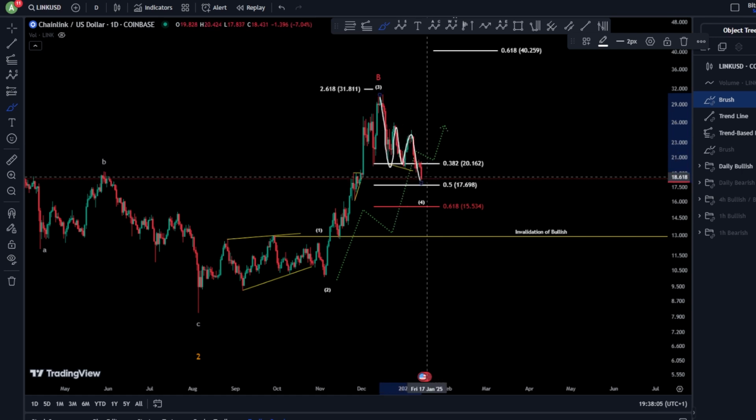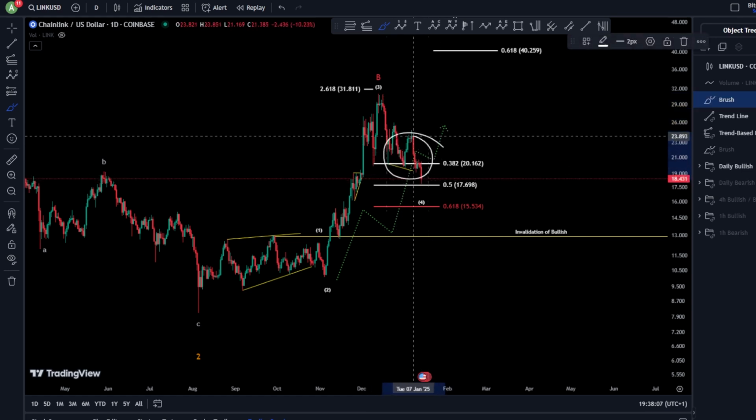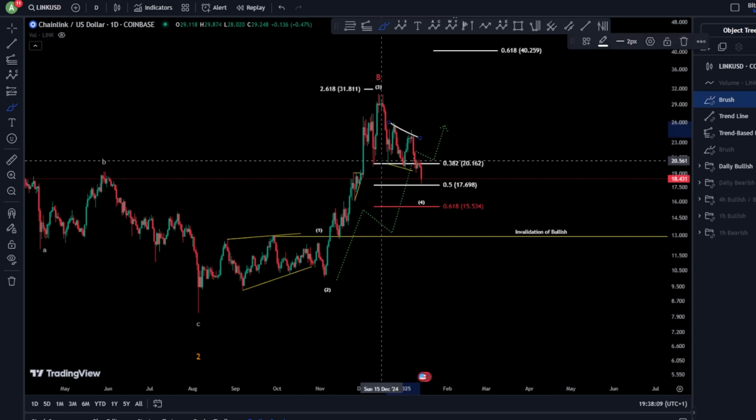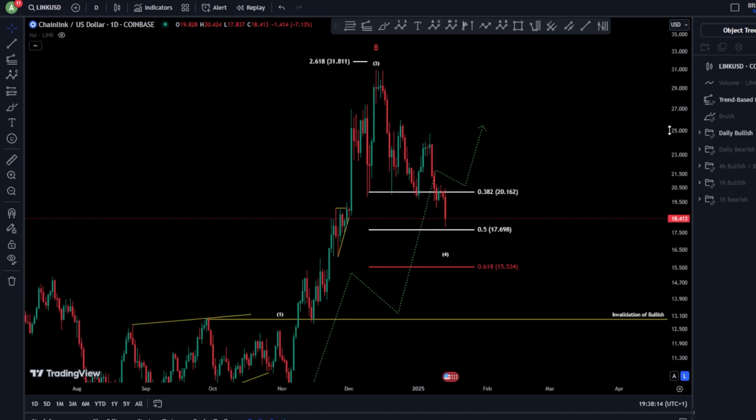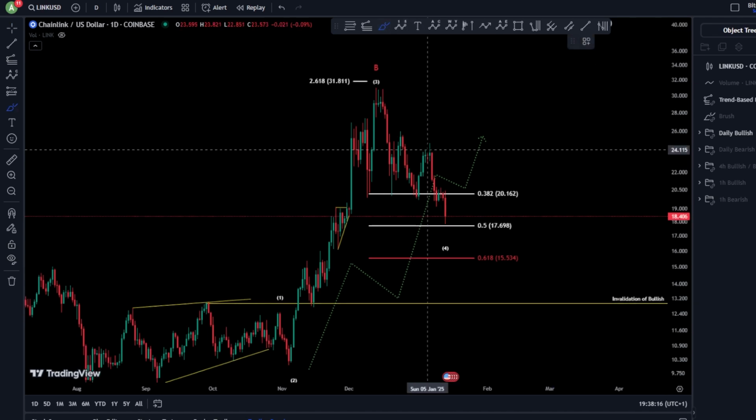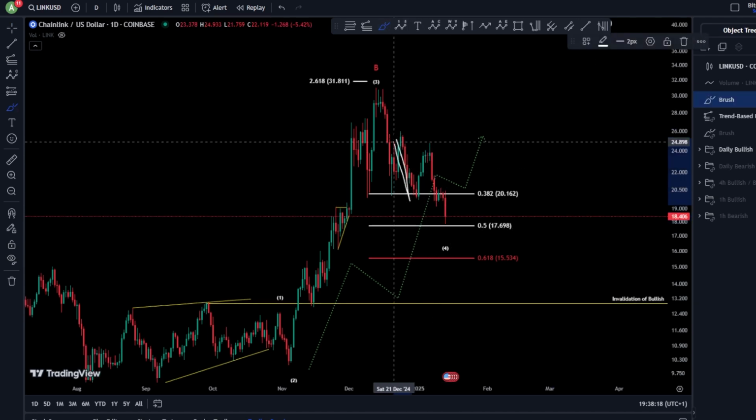It looks like a contracting diagonal, but don't worry. I already checked it, and it isn't one, because your wave 5 is longer than your wave 3.